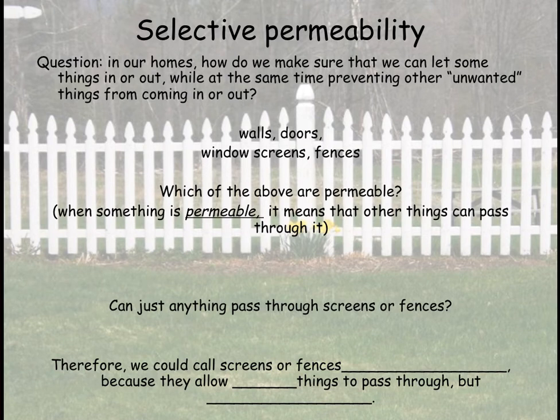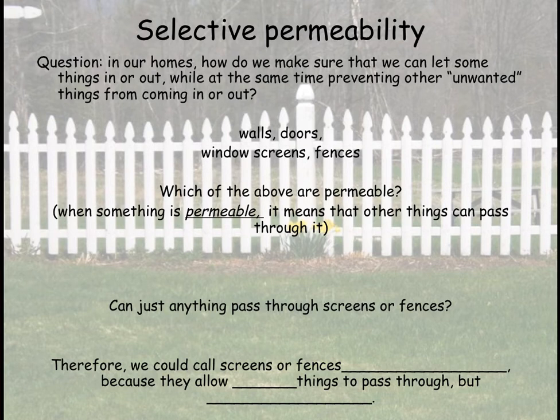I want you to notice that some of these examples can be considered permeable, and that some are not. Recall from our lab this morning that permeable means that other things can pass through it. Can you determine which of these are permeable?